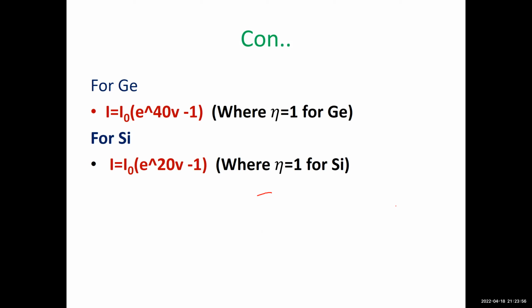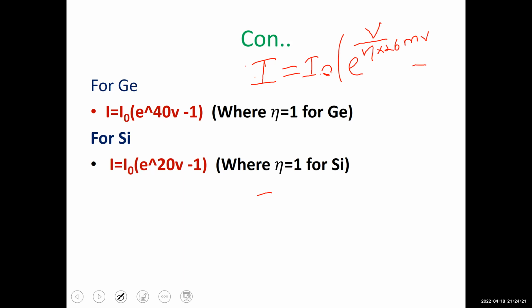So for this room temperature, I is equal to I naught e power V by eta Vt. V we don't know and eta we know. What is the value of Vt for room temperature? It is 26 millivolts, minus 1. Now 1 by 26 millivolts is approximately equal to 40.